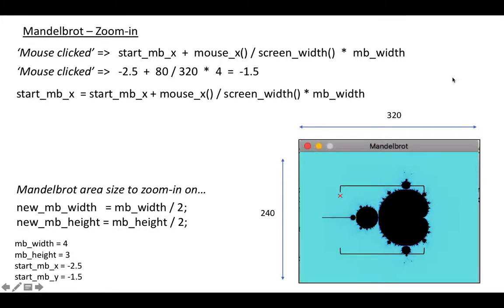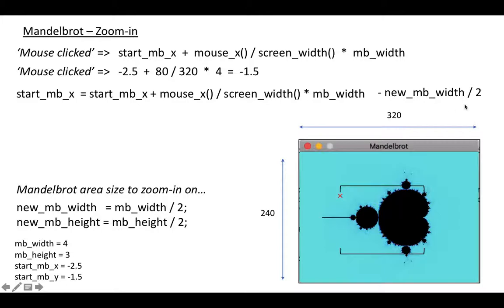Okay, so to calculate the center, we're going to need to center this up. Your new start of the Mandelbrot set is going to be the same equation, however, minus the half of the new Mandelbrot width.